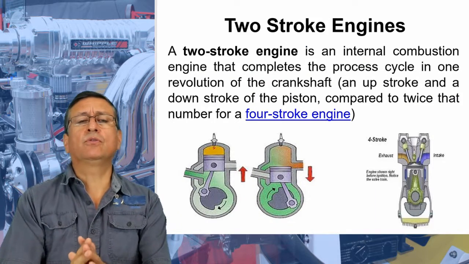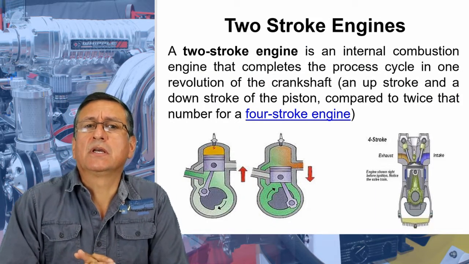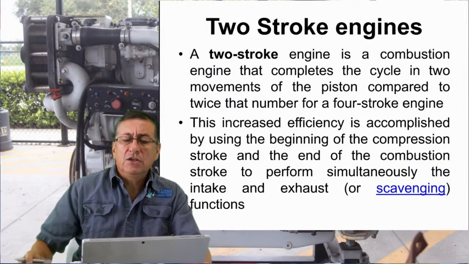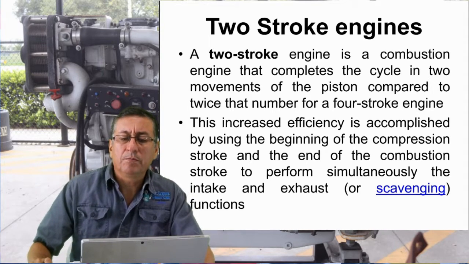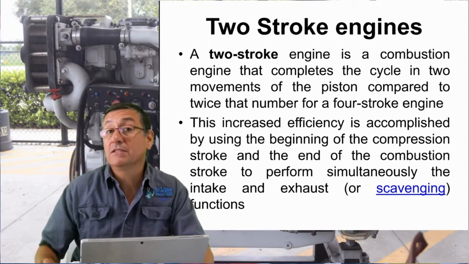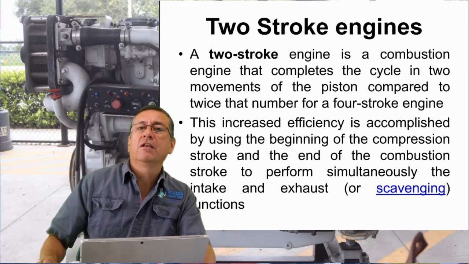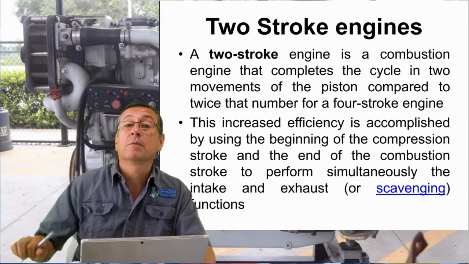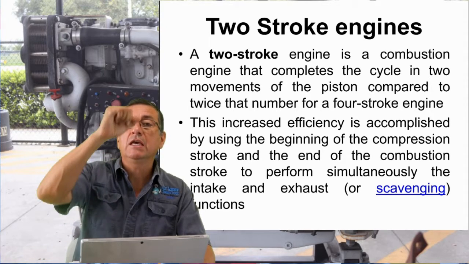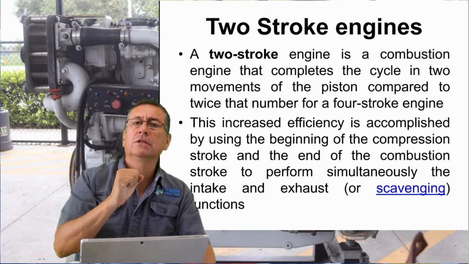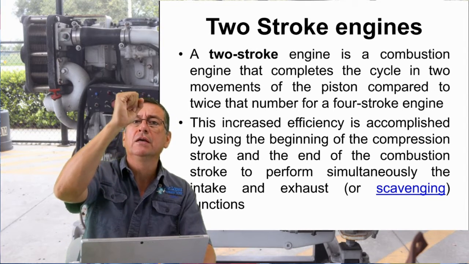Okay, right now we are going to quickly refresh the concept of the 2-stroke engines. A 2-stroke engine is a combustion engine that completes the cycle in 2 movements of the piston, in comparison with the 4 movements of the piston of 4 strokes. You remember, in 4 strokes, during the intake, the piston goes down, 1st movement. During the compression, the piston goes up, 2nd movement.